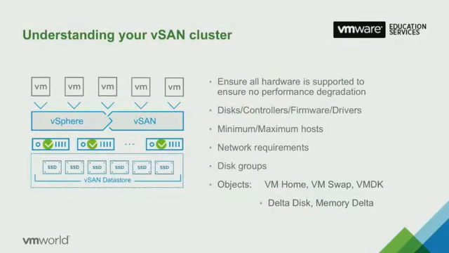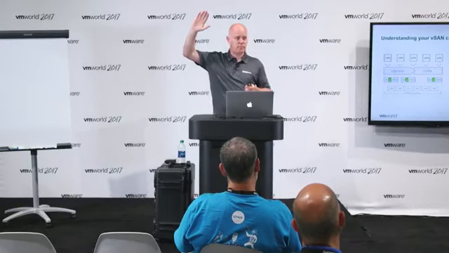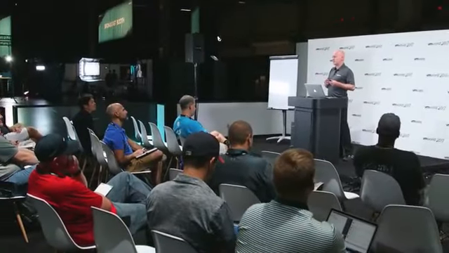Okay? You need to ensure that you manage your own expectations as well, and you have to be realistic about these things. So here as well we see things about disks, controllers, firmwares and drivers. From your disks perspective, you want to ensure that you have the correct firmware and drivers on those disks. How many people have installed VSAN 6.6? In VSAN 6.6, it tells you all of this, right?